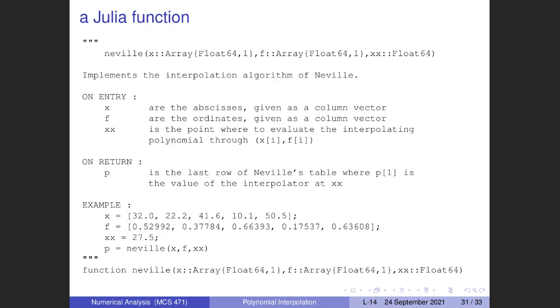And the algorithm is codified in a Julia function. So we have the inputs, the x and the f, and then the x star, which is here represented by the xx. And there is a simple example for this. Again, you could eventually use the example of the sine function with the 5 points.